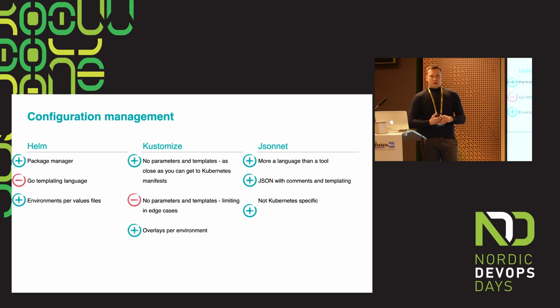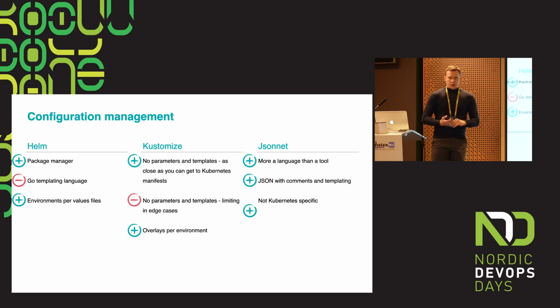It's kind of okay, but if you have lots of templating, the Go templating language actually lacks constructs, and you might end up with a lot of if and else statements. With Helm, you can do environments per values files, so I will get back to that later on.